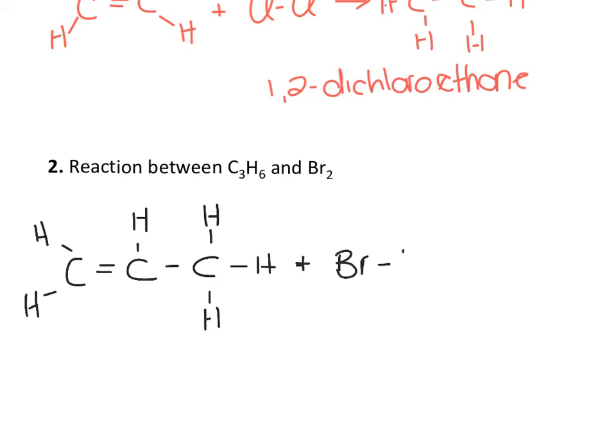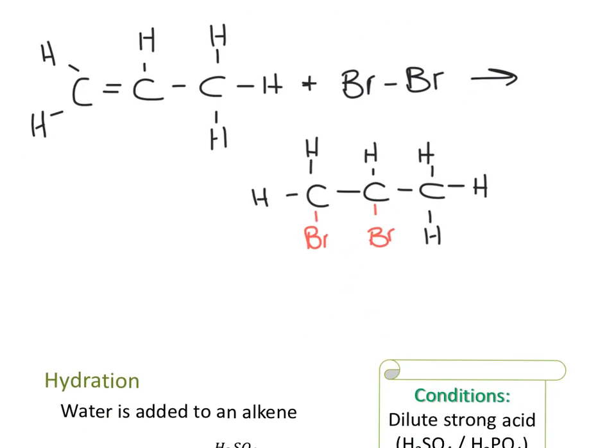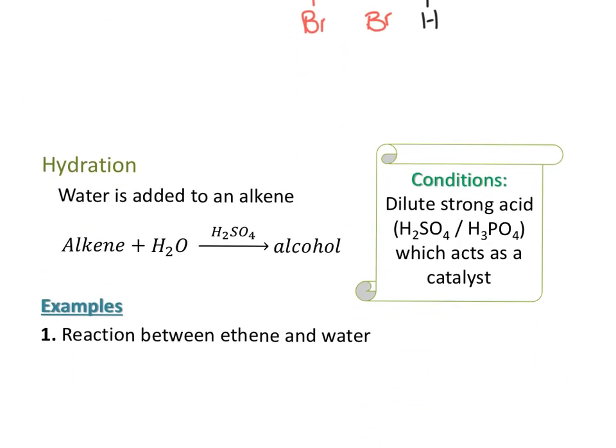So Markovnikov's rule that we used earlier, not important, because what's going to happen is that double bond breaks. Alright, please remember you need to draw these all in one nice straight line. Br, Br. Okay, good.